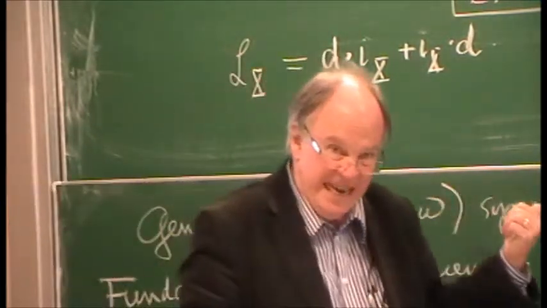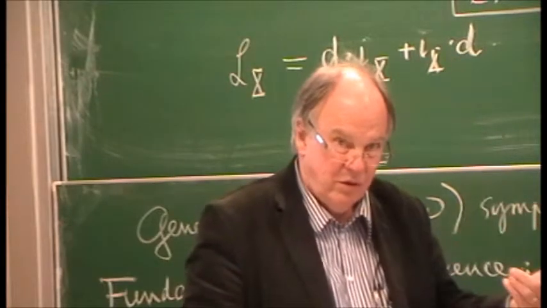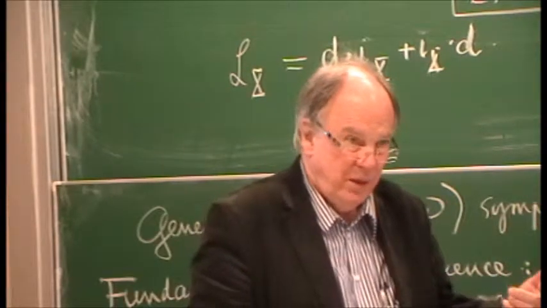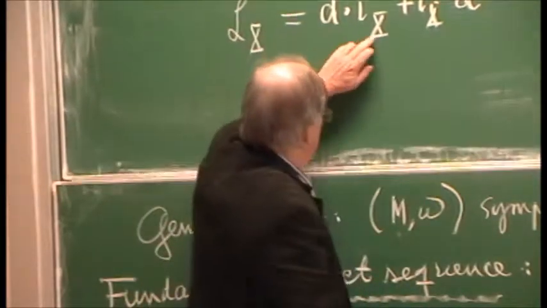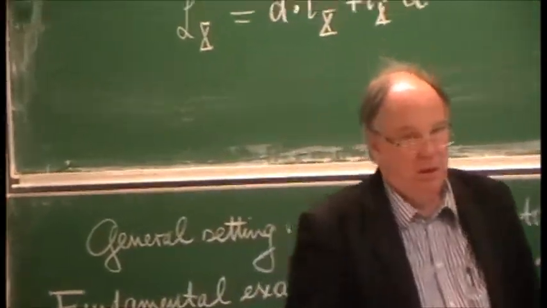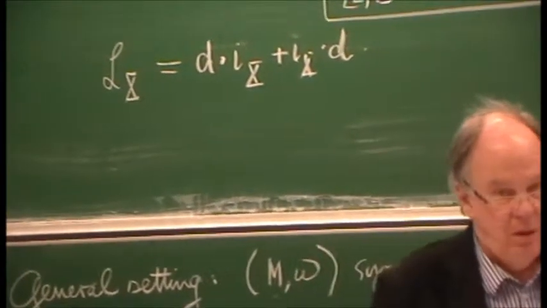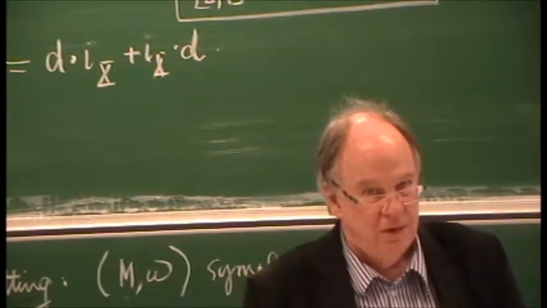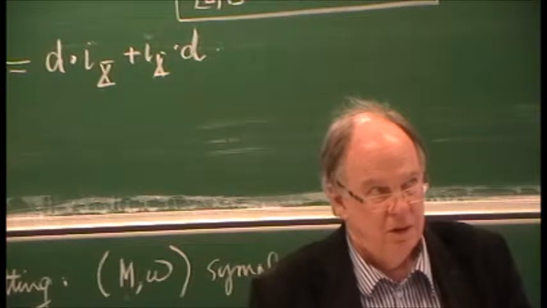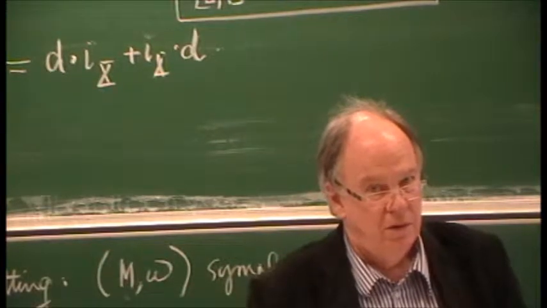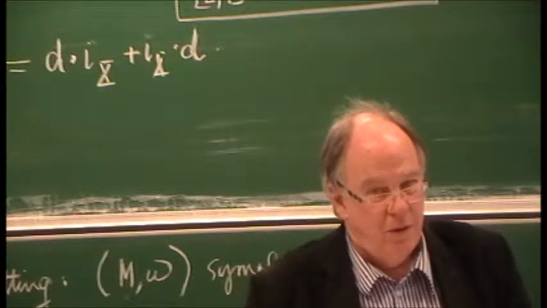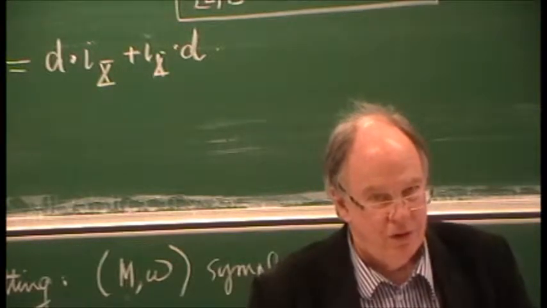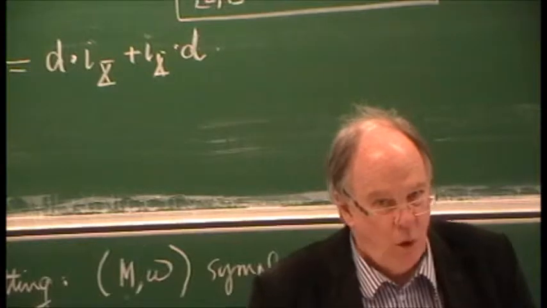Because on the one hand we have D, so that's on cotangent forms. And on the other hand we have contraction, which is on vectors. But this definition only works for the form. Does it also work for the vector field? No, because you don't have D of a vector field. Okay, so it's very interesting. Your questions I like very much.